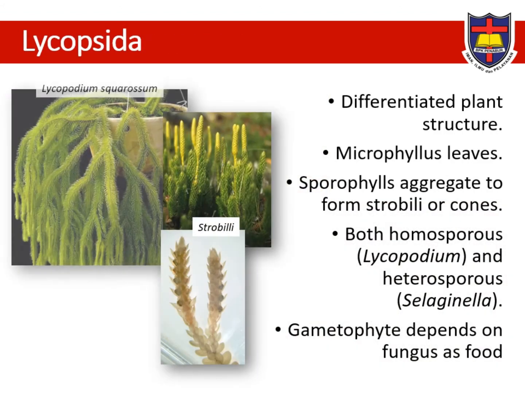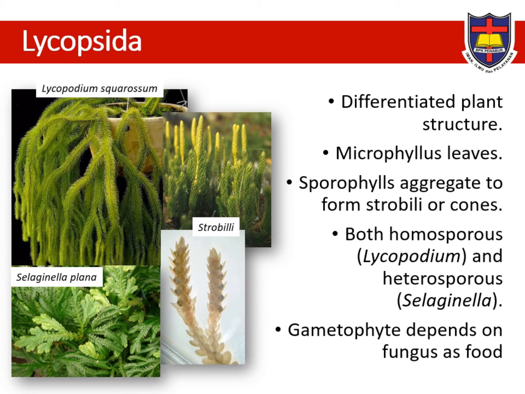Next is Lycopsida. They have a differentiated plant structure: root, stem, and leaves. Especially, their leaves consist of microphyllous leaves. Their sporophylls aggregate to form a compact structure called strobili.